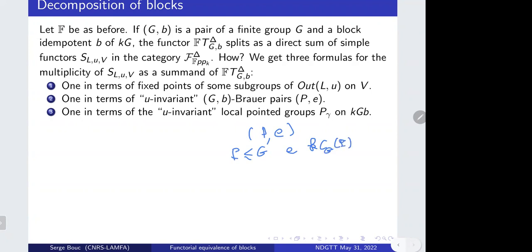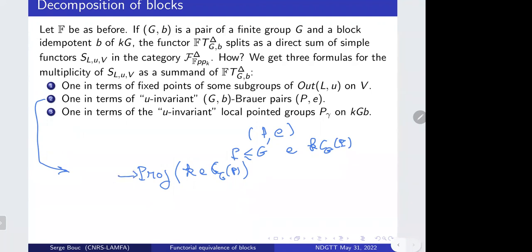And to know this multiplicity in the second formula, we must know in addition the group of projective C_G(P)-modules. We must know this group, together with the action of the automorphism group of P on that, or at least the normalizer. So it's not enough to have only the fusion system, but in addition we must have information on that.